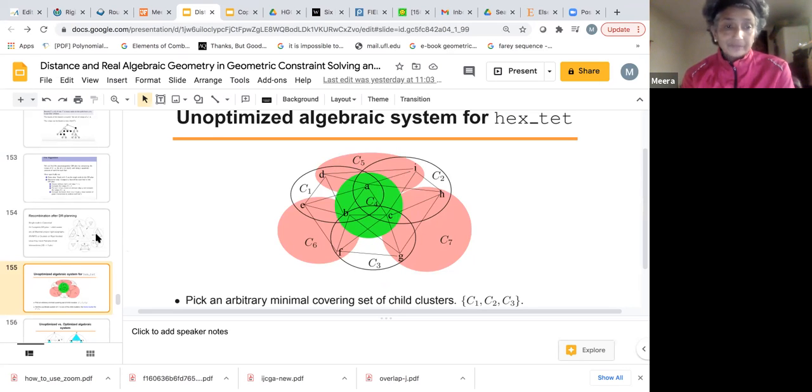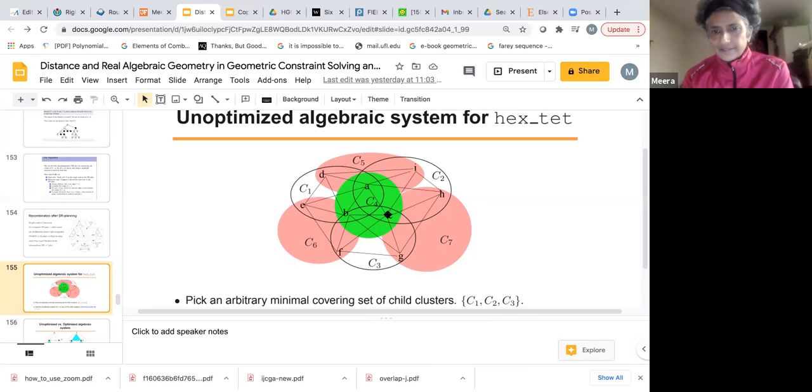But if you remember the original, unoptimized way, and it could well be that the optimized way also has that feature, the unoptimized way was to have C1, C2, C3 as the covering set. In that case, you would parameterize C3 as a quaternion, a 3-dimensional, 3 DOF rotation about the point B, and then you would parameterize C2 by a 3-dimensional rotation around the point A after choosing C1 as the home cluster.